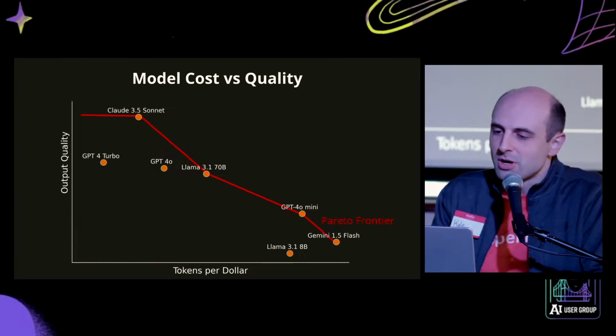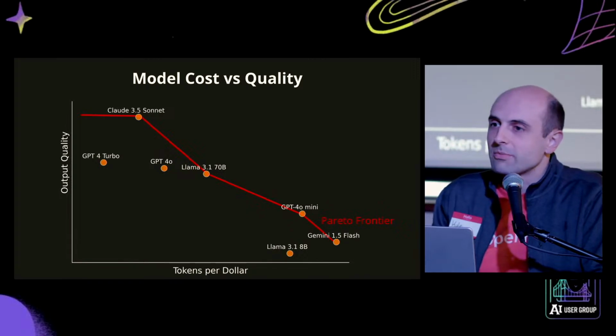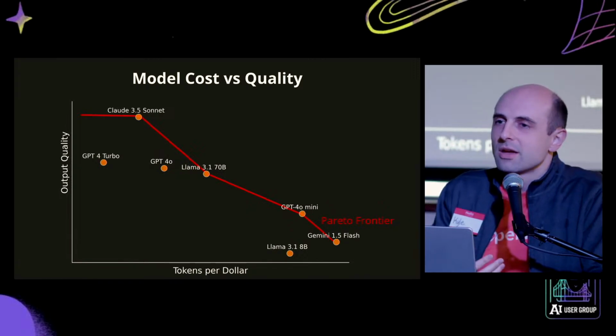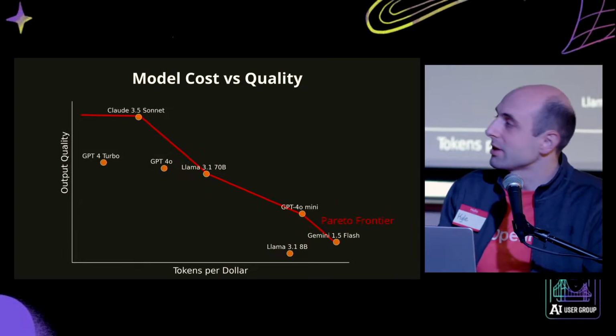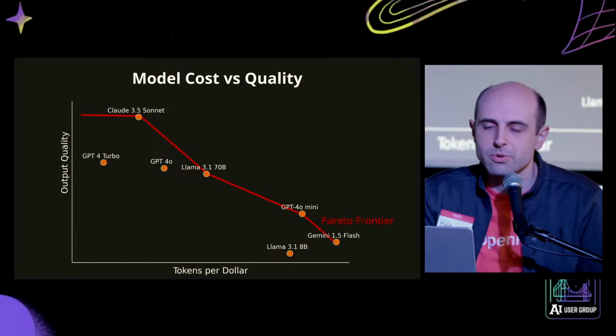But if I'm doing super high volume, maybe I need that. On the other hand, if I'm doing a very low volume use case, then maybe I want to get the best quality model I possibly can, and we're going to be at the other end of this, way up with Claude 3.5 Sonnet, which is potentially the strongest model that's available publicly today. Okay, that's very intuitive. That's how you make that decision.